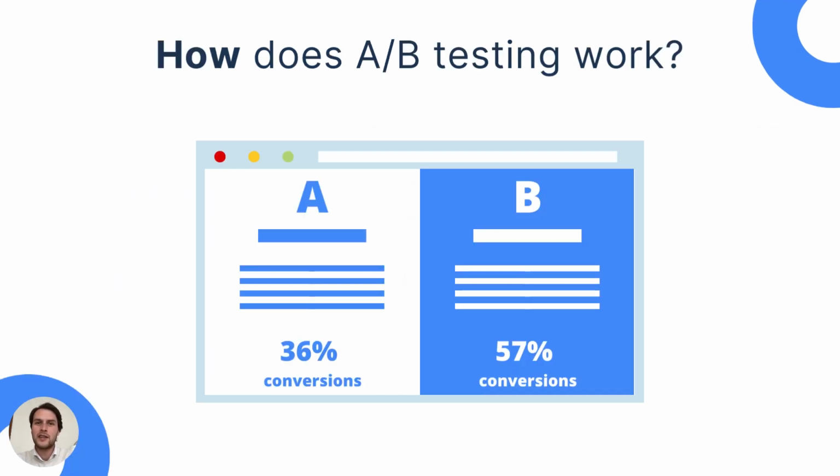So, how does A/B testing actually work? An A/B test is a very easy way to compare two different versions of your website, emailing campaign, or another marketing asset. You'll be showing the original version to 50% of your visitors and a variation to the other 50% of your visitors.